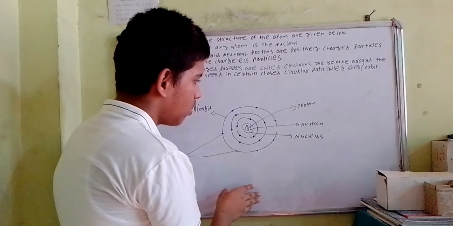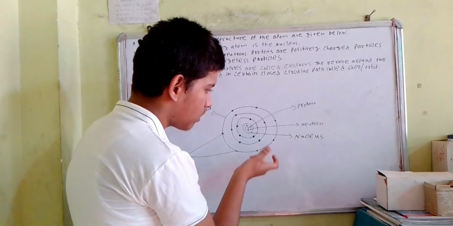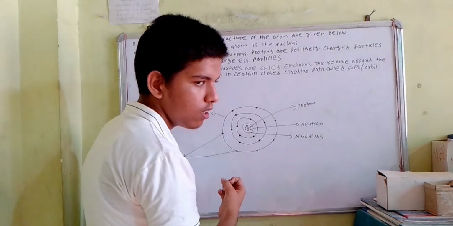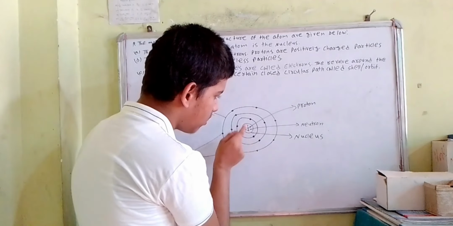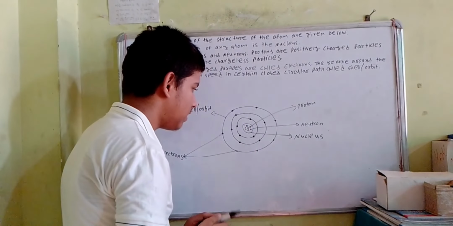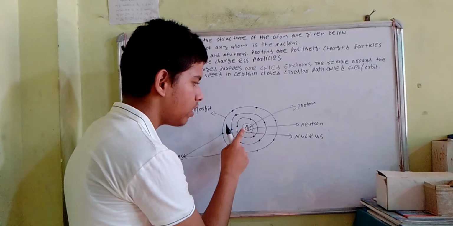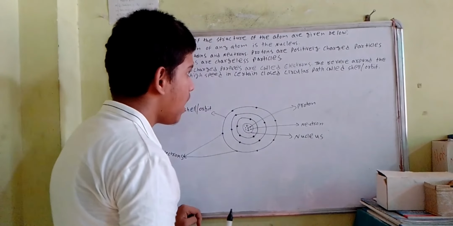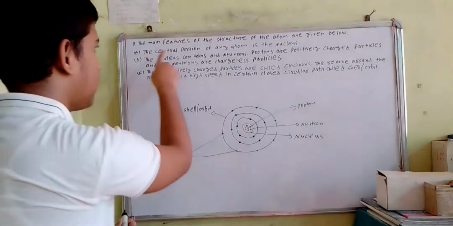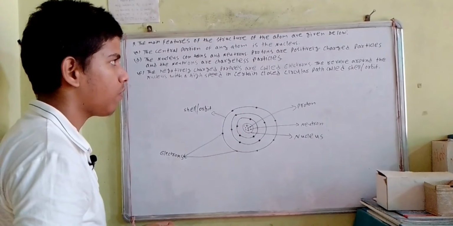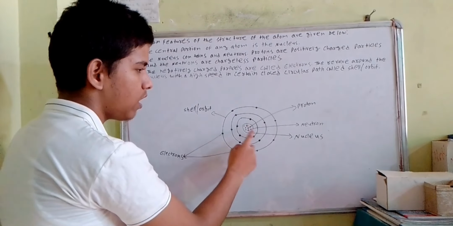So this is how an atom looks from the inside. You can see this center. The center is called the nucleus. So it is written that the central portion of any atom is the nucleus.